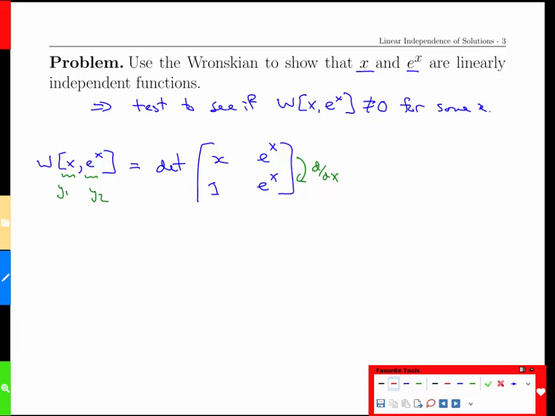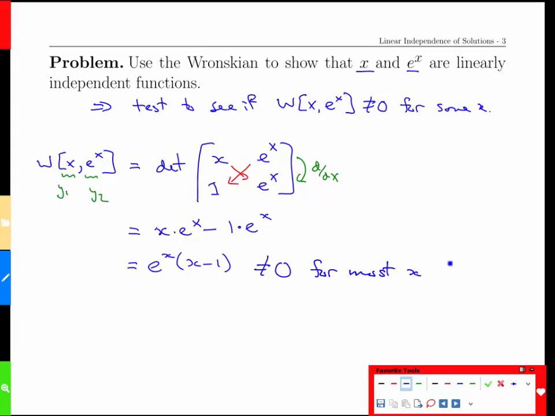Then we say, well, what's the determinant? The determinant is this weird product, diagonal times diagonal, x times e to the x, then minus the other product, minus 1 times e to the x. And that simplifies to e to the x times x minus 1, and that's not equal to 0 for most x's, actually.